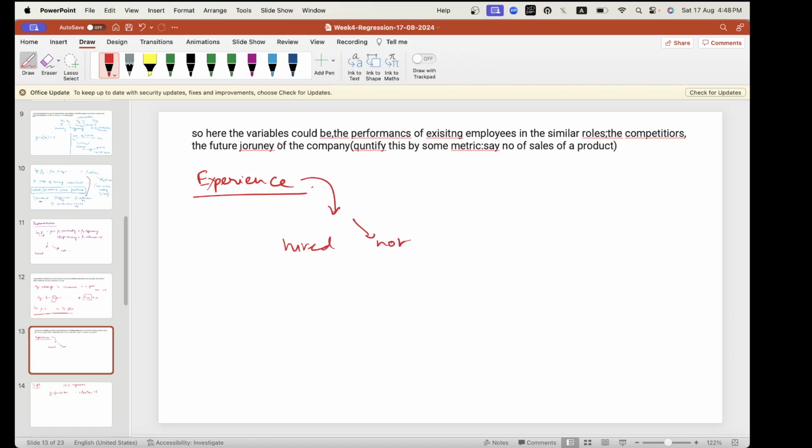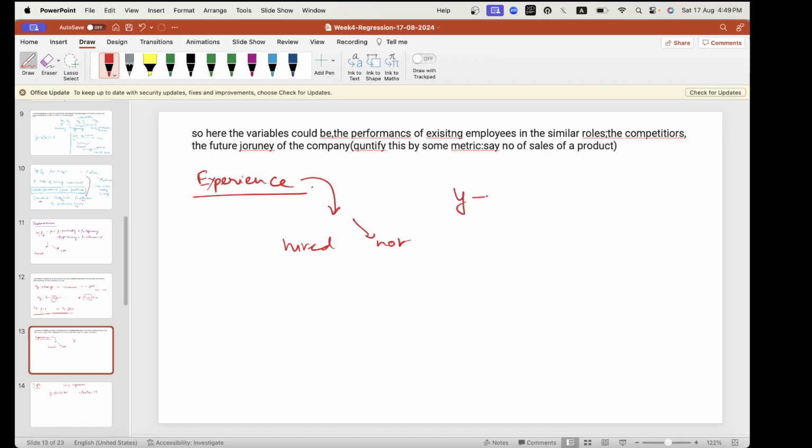But to track the future journey, I think that will not be this straightforward. Of course you can take a call from here: if there is some metric which assesses how much a person has contributed to the growth of the previous company, then maybe we can fit this model.